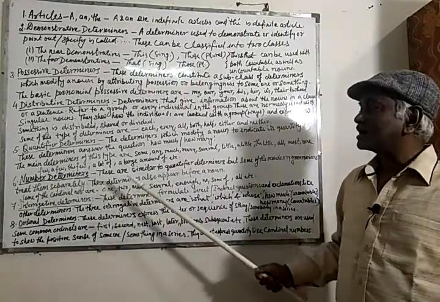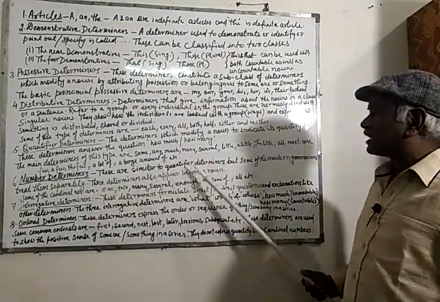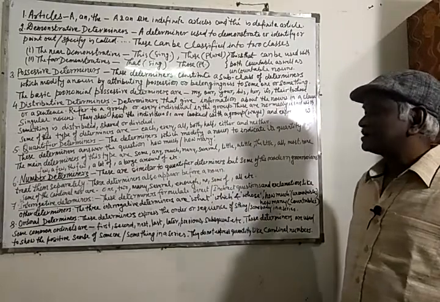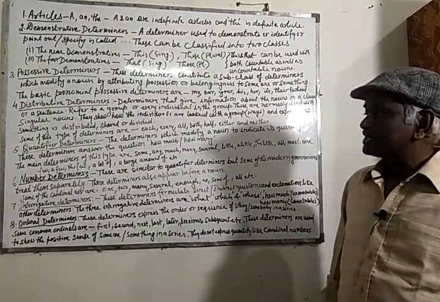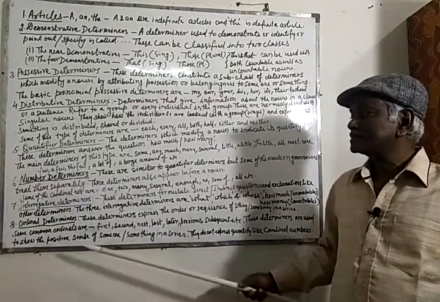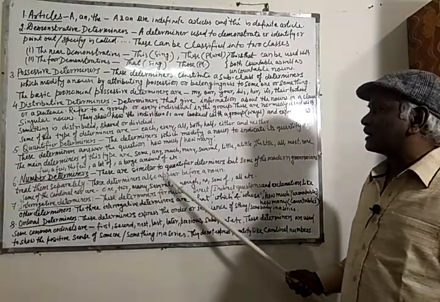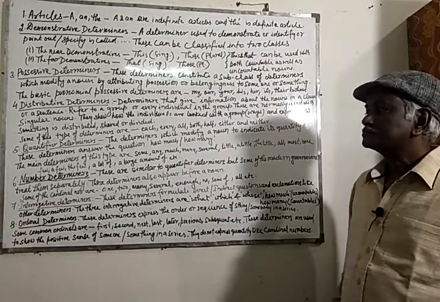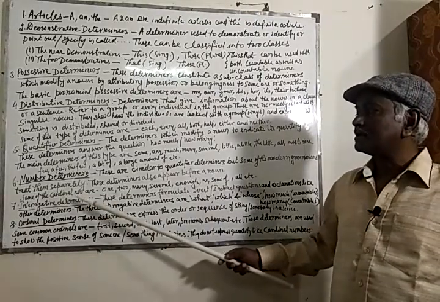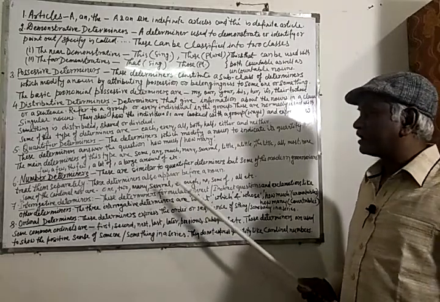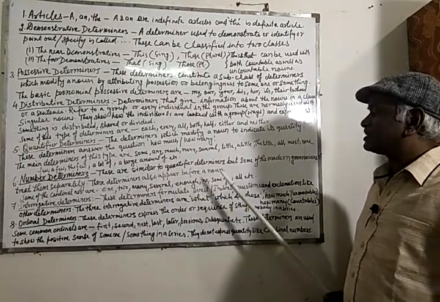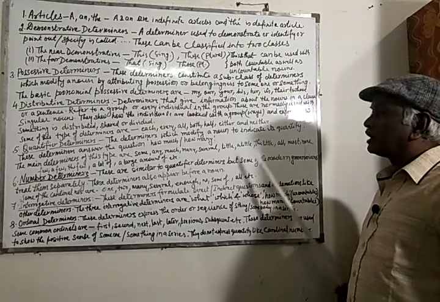So these are similar to quantifier determiners, but some of the modern grammarians treat them separately. These determiners also appear before a noun. Some of the cardinal numbers are 1, 2, many, several, enough, no, some of, all, etc.